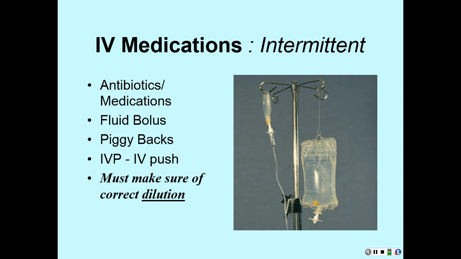And again, you got to make sure you've got the correct dilution here. All of your med rooms will have drug guides. You've got the pharmacy there so that you can ask those questions and look up those meds. Y'all just thought y'all was going to put the drug guide down when you got out of school, didn't you? It's not going to happen. Sorry.